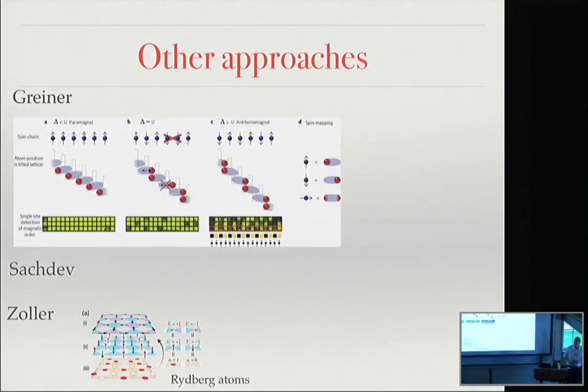Okay. Finally, I just want to point out there's been a couple other proposals and even some experiments looking at dimer models in cold atoms. The most famous, of course, is Marcus's experiments with the tilted lattices, which you can interpret as 1D dimer models, right? That the things can live on bonds.